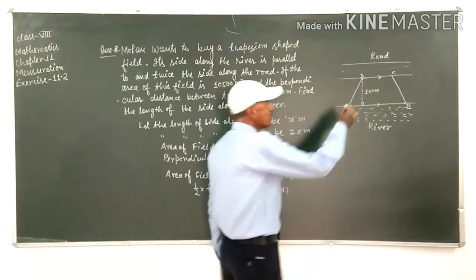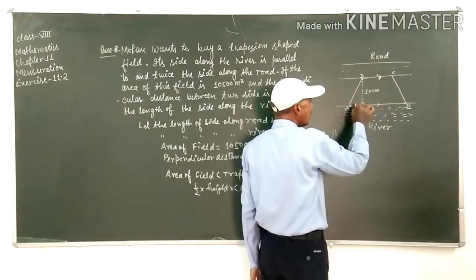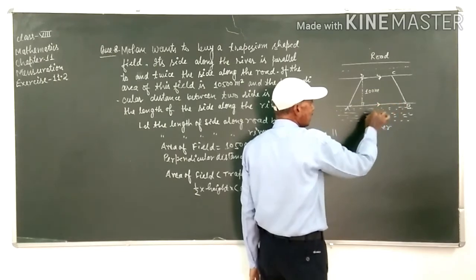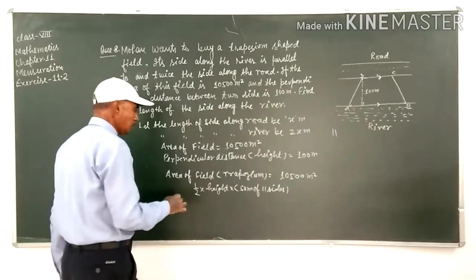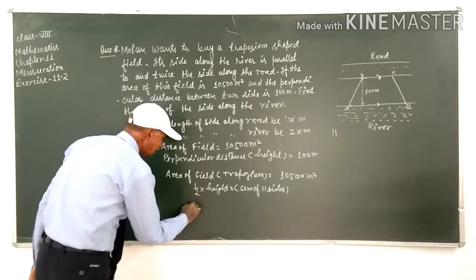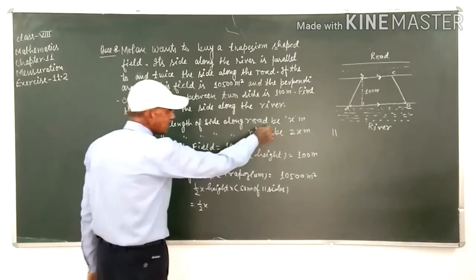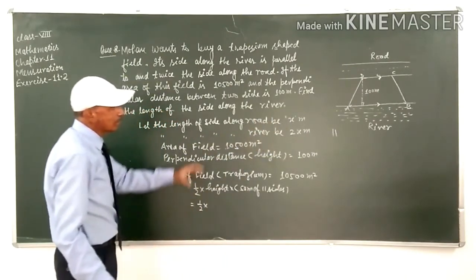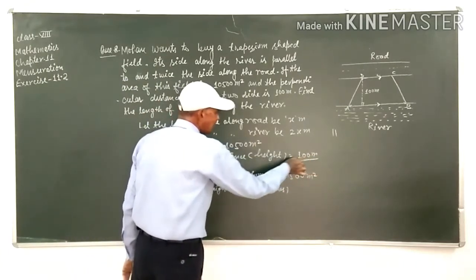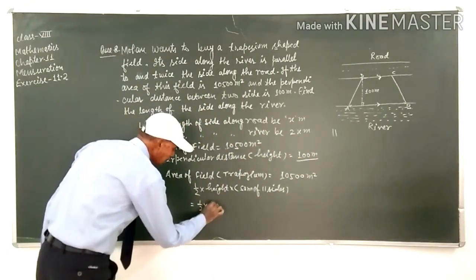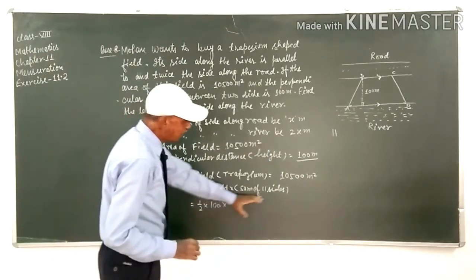Which are the parallel sides, student? This one: the side towards the road and the side towards the river, both are the parallel sides. Clear? So this one will be 1/2 into height, that is perpendicular distance between these two parallel sides, 100 meter. Clear, student? So this one 100 into sum of parallel sides.